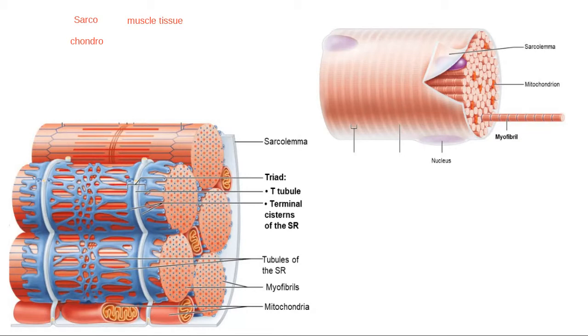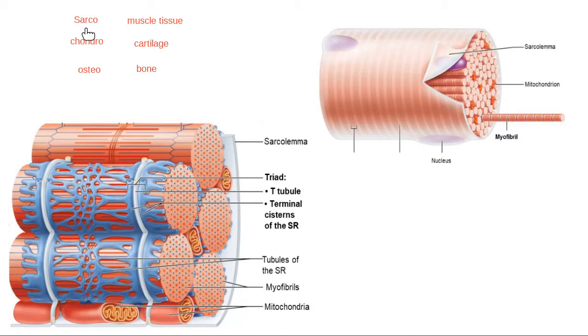What did chondro always mean? Yep, that was my cartilage word, absolutely. Does anyone remember the beginning part for bone tissue? What was that beginning part for bone? Yeah, exactly. Osteo, that's my bone word, right? So a little bit of terminology review. We're talking about sarco stuff today.